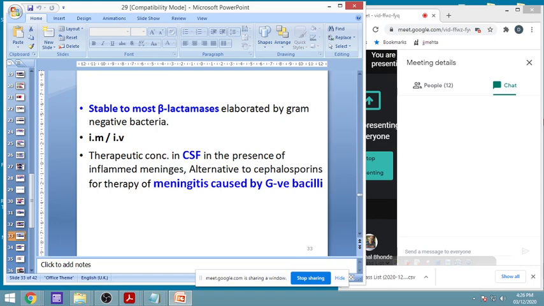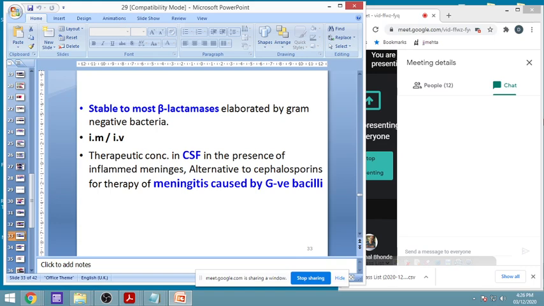Therapeutic concentration in the CSF, that is cerebrospinal fluid, is reached in the presence of inflamed meninges. Particularly this case you can see with streptomycin also. Otherwise, streptomycin is impermeable, with little chance of crossing the blood-brain barrier. But it crosses more if there is inflammation of the meninges, that is meningitis.